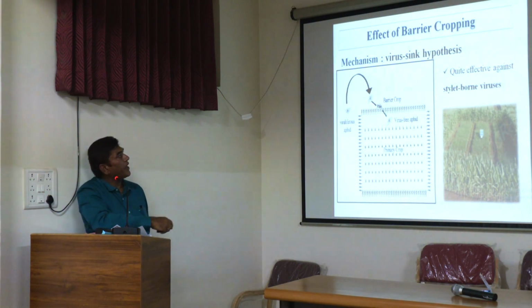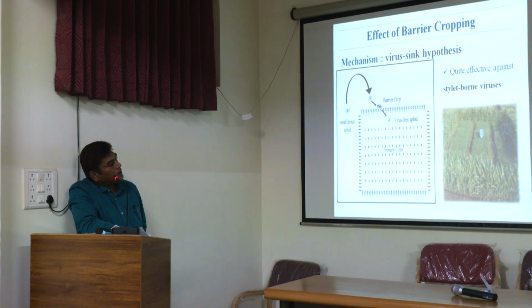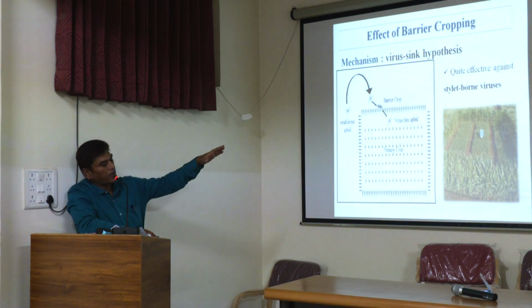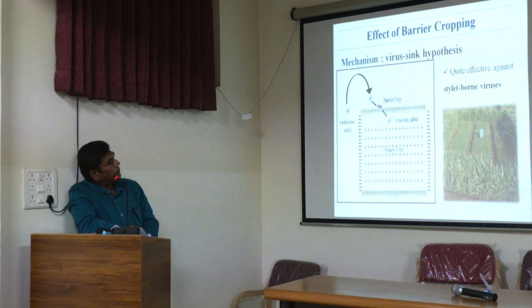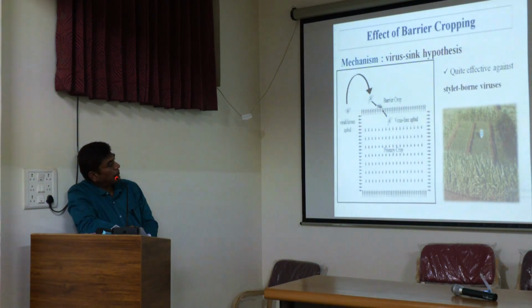This is one more effect, barrier cropping. In case of viral disease, for example, if you sow barrier crops like maize and pearl millet, that reduces viruliferous aphid movement, for example in stylet-borne viruses like green gram mosaic virus and others, and in tomato, leaf curl virus.